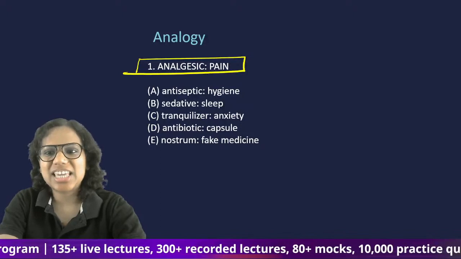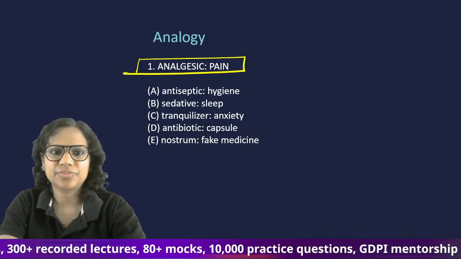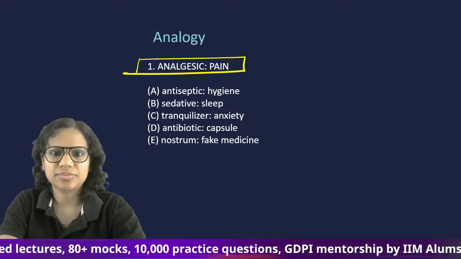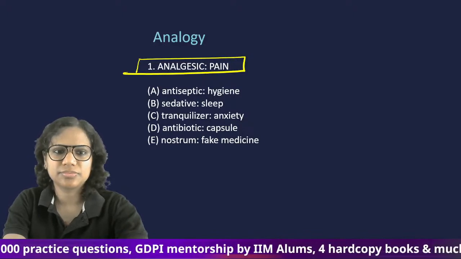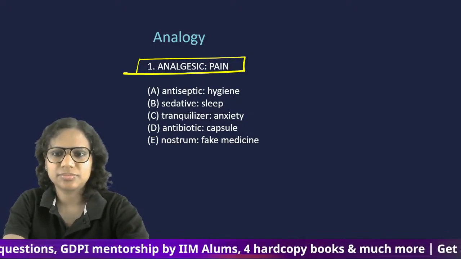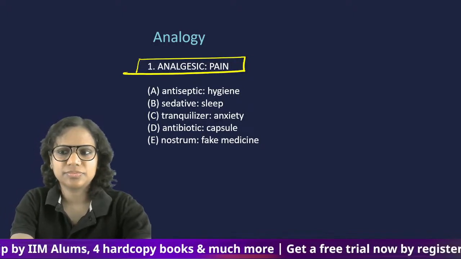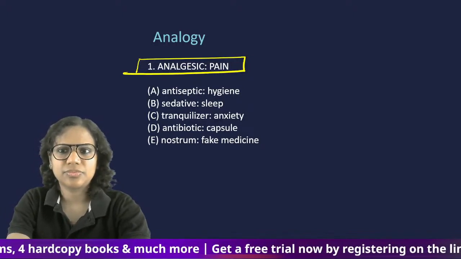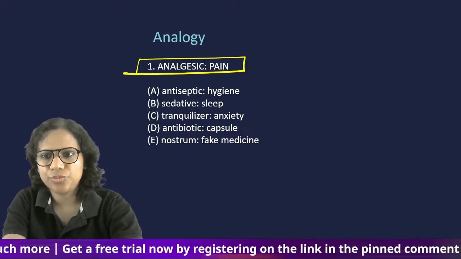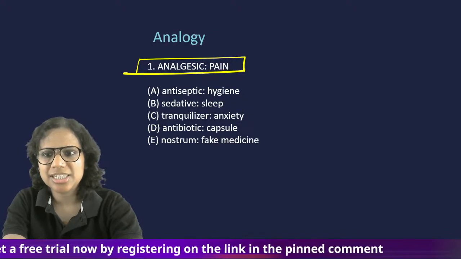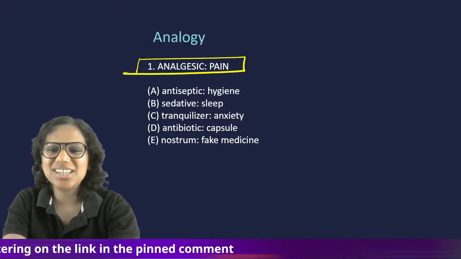Okay, Vinayak says A. Srishtu says C. All right. So I've got D, A, C, B. Okay, except E, I've got everything. Anybody who says E also?